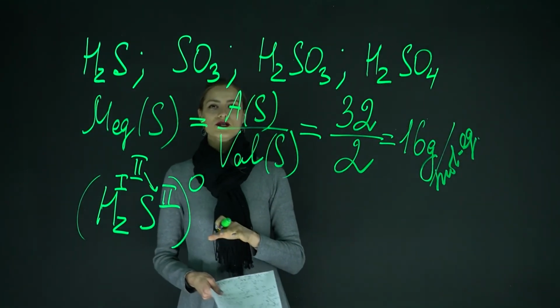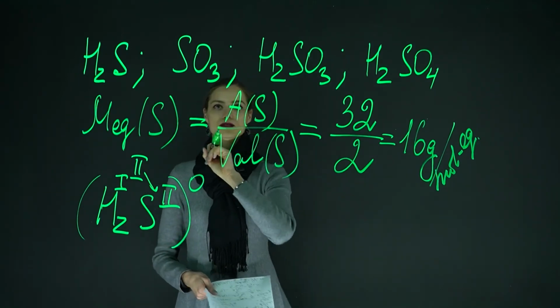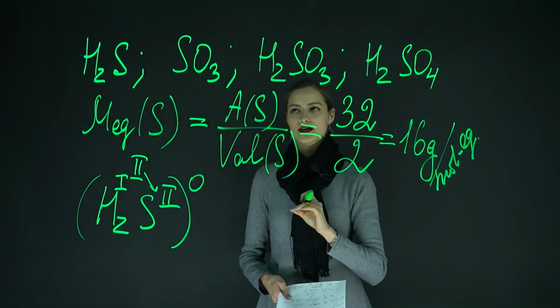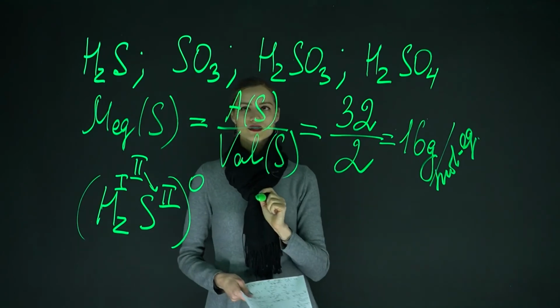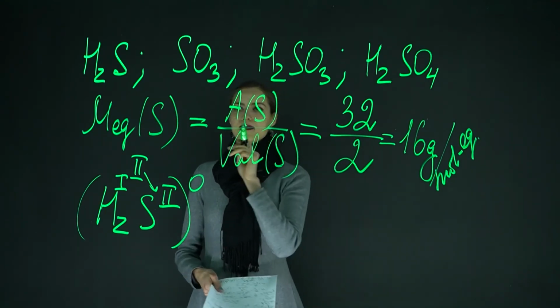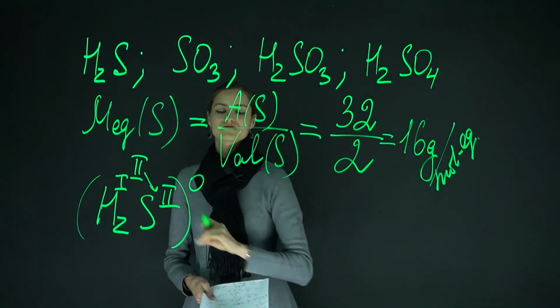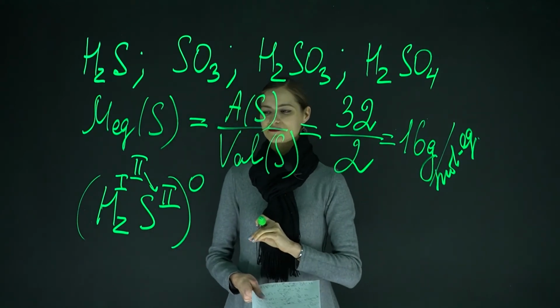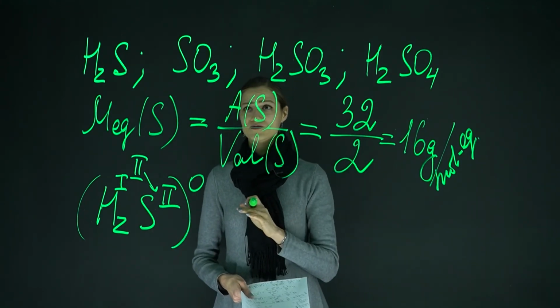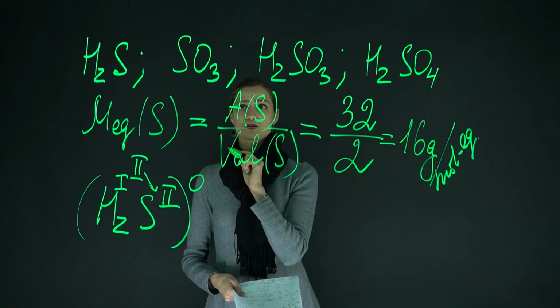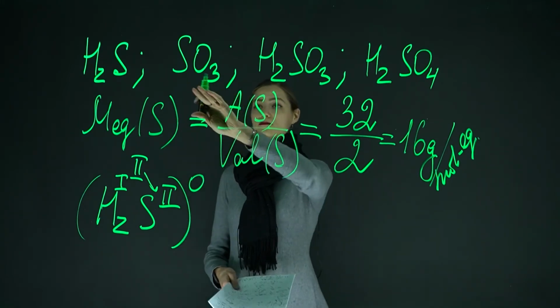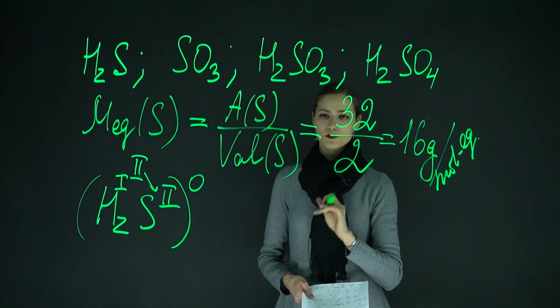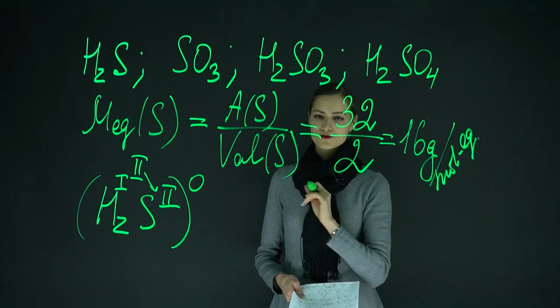Almost the same situation for the oxide and 2 acids. For the oxide, SO3, we can calculate the valency of sulfur. Here it will be 6 because the valency of oxygen is always 2.